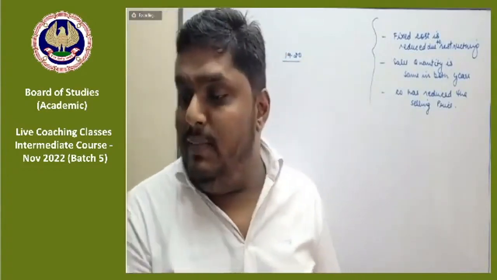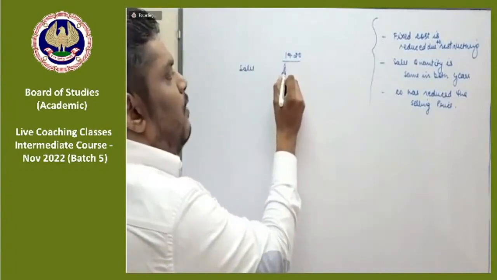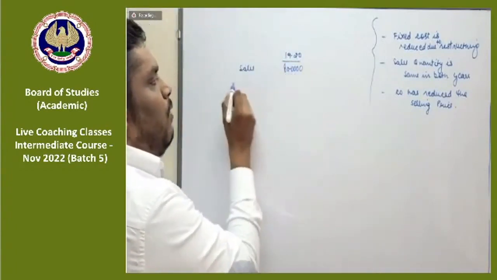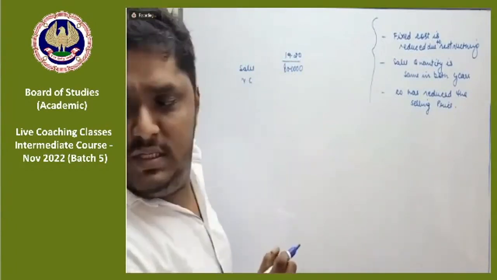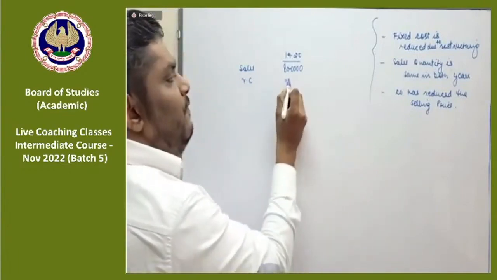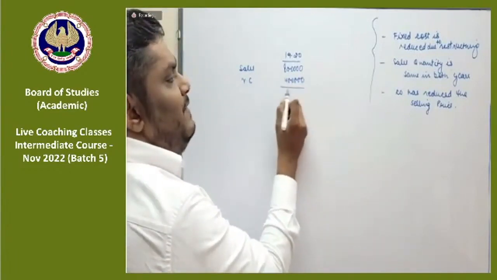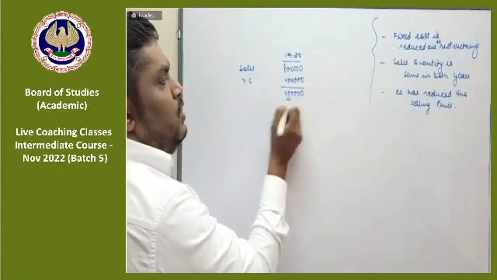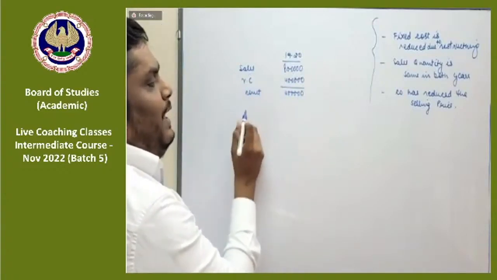In 1920, my sales is 8 lakh. My variable cost is 50% of that, so this will be 4 lakh since the PV ratio is given. So my contribution will be 4 lakh.